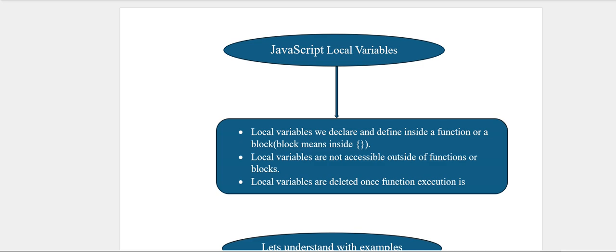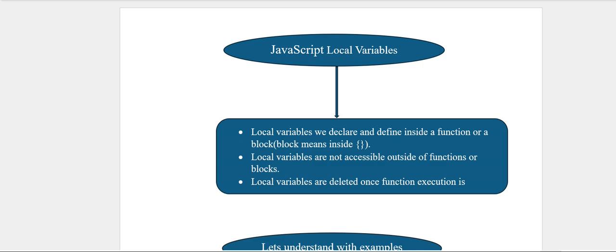I am using the terms declare and define, and in the previous video we discussed what declaration and definition of a variable are. If you have any doubts or confusion, you can watch that previous video first, or if you are already aware of it, you can directly continue with this video.